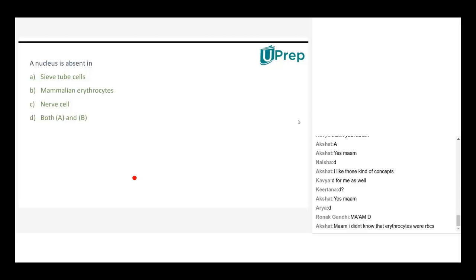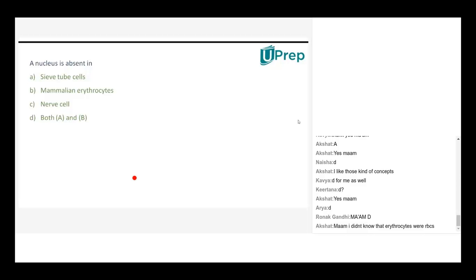Best example is RBC. Here in option B, they have given mammalian erythrocytes. Mammals, the best example is humans. So in humans, the erythrocytes are nothing but RBC cells. In humans, RBC cells die every 120 days. Suppose in your blood today, a new RBC is born, and after 120 days it will die.